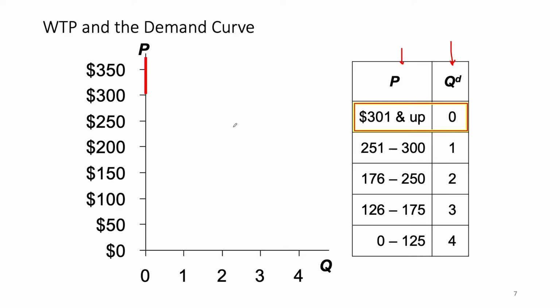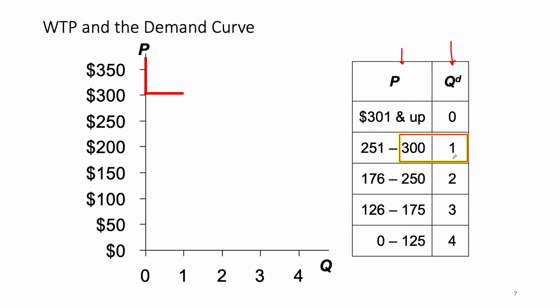So when the price is above 300, so 301 and above, there is no demand. That's basically where this portion of the demand curve comes from. It says that there is zero quantity demanded when the price is above $301.